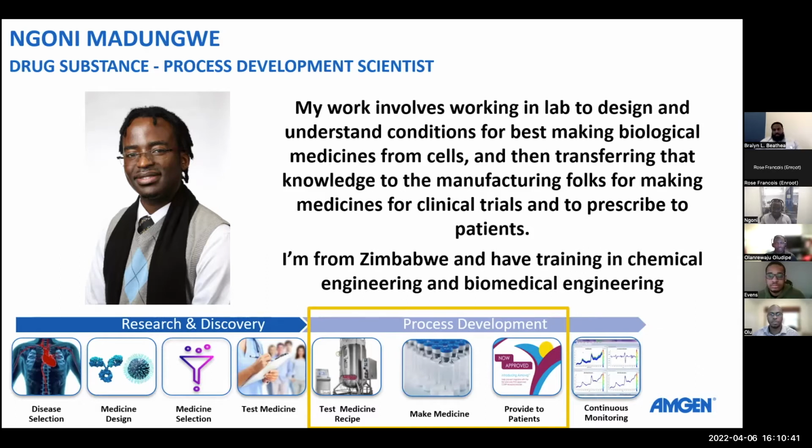So taking from the cup size version, we work with about bucket size volumes to understand the process. And once we understand it, we transfer that knowledge to the large scale folks who then make it in 10 or 20,000 liter volumes, which are able to supply the commercial market and clinical trials. And I'm from Zimbabwe, and my background is in chemical engineering and biomedical engineering.